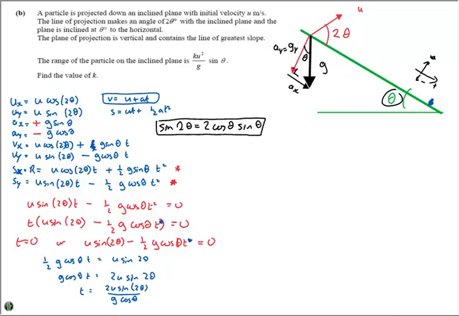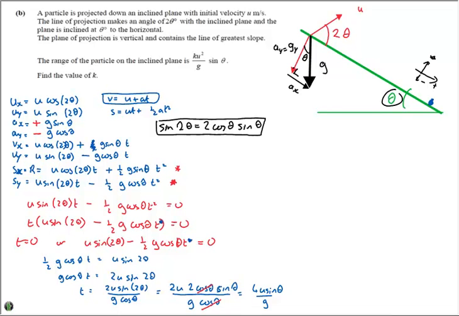That's correct there, isn't it? So when we substitute this in, we get t is equal to 2u, 2 cos theta sine theta all over g cos theta. We can divide that cos theta out, and we get a value of 4u sine theta over g. So that's what time is equal to.